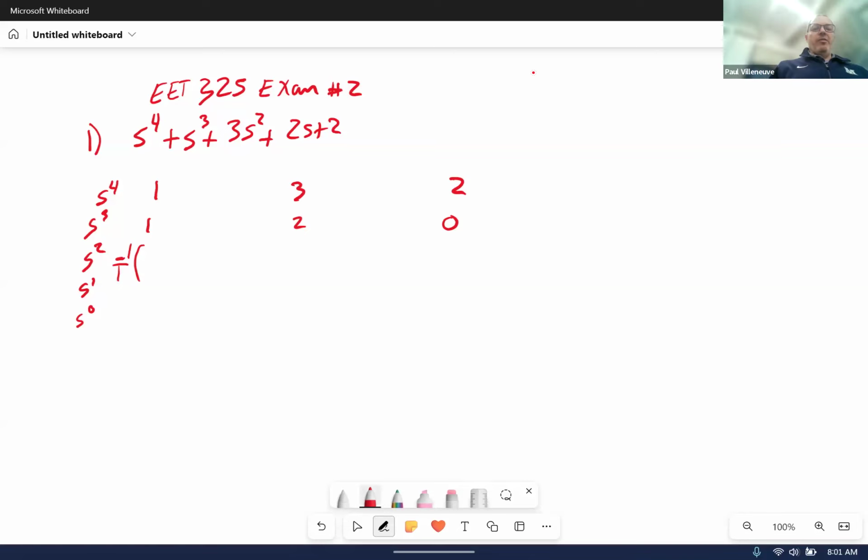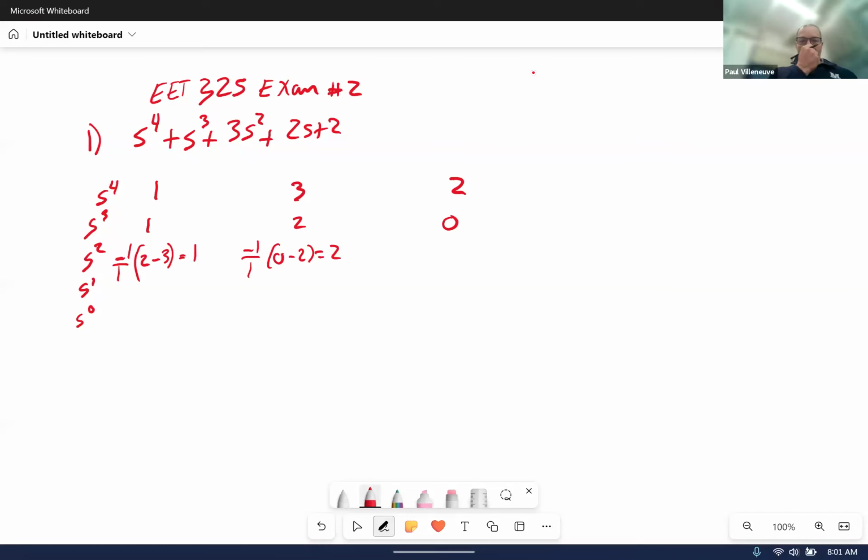So we're going to do the determinant, which is 2 minus 3, which should be equal to -1. And then the next one we'll do is, again, the first column and the next column. So we have -1/1 and we have 1 times 0, which is 0, minus 2. So 0 minus 2, which is equal to +2.